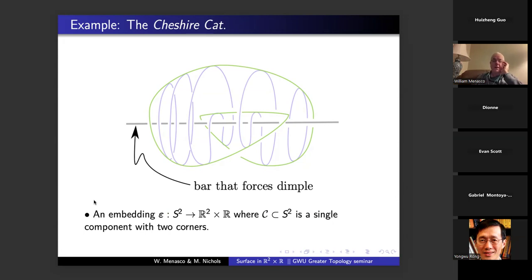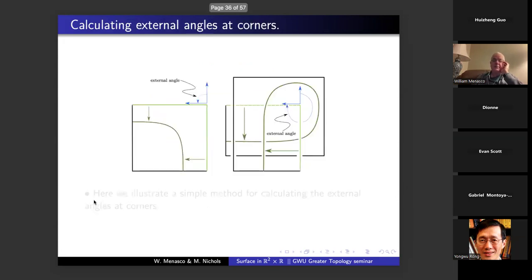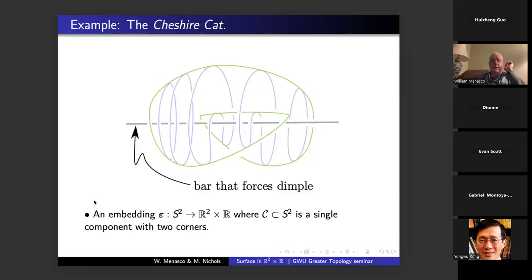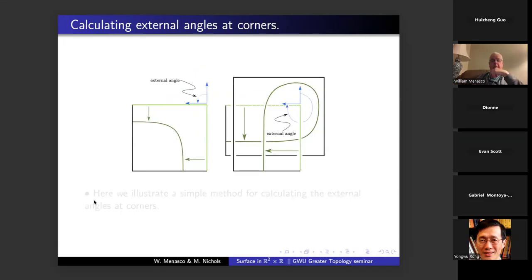All right. So that's S2. We're going to want to get a handle on understanding the behavior around these corners, because we're going to want to apply Gauss-Bonnet to it.